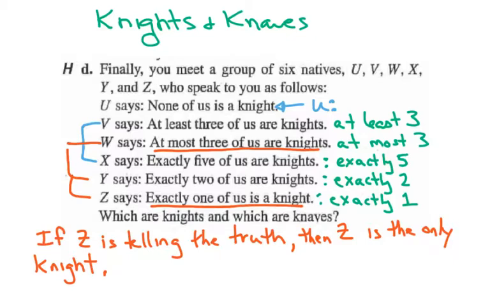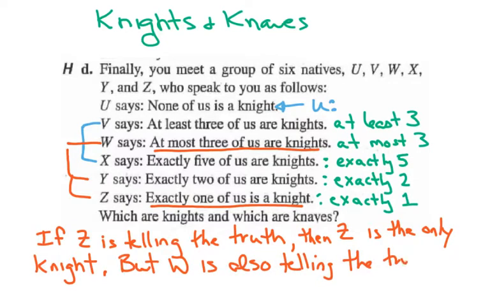So that means W is also telling the truth, and so Z cannot be speaking the truth. Let me run through that again. If we assume what Z says is true, exactly one of us is a knight, well, then what W says is also true. At most 3 agrees with exactly one of us.